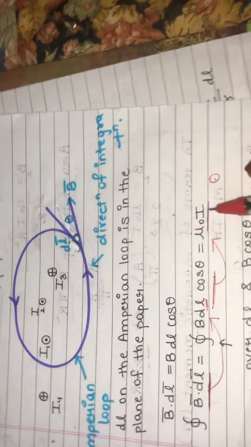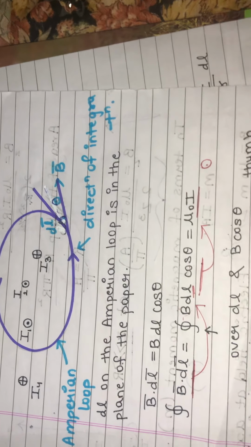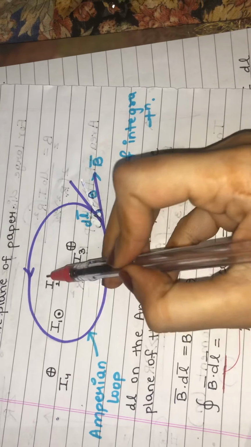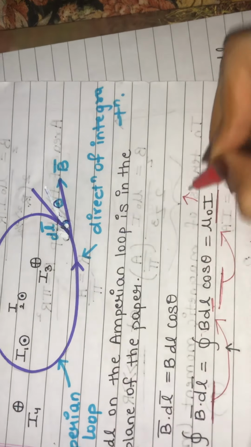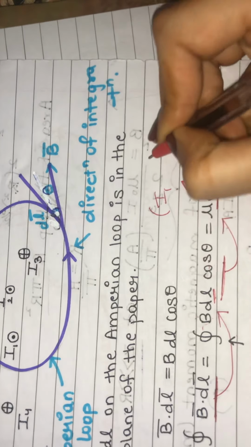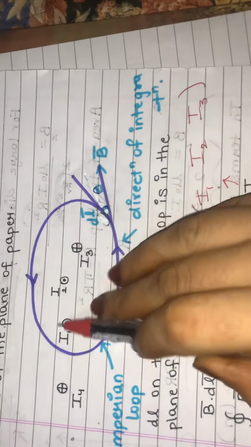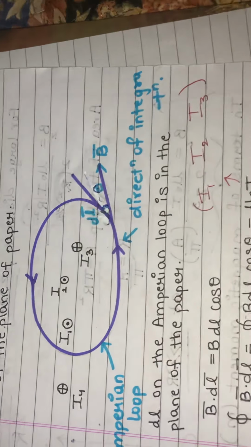So what we have done? This current is the addition of I1, I2, I3, right? Total current will be from I1, I2, I3 because these three are only inside the loop.